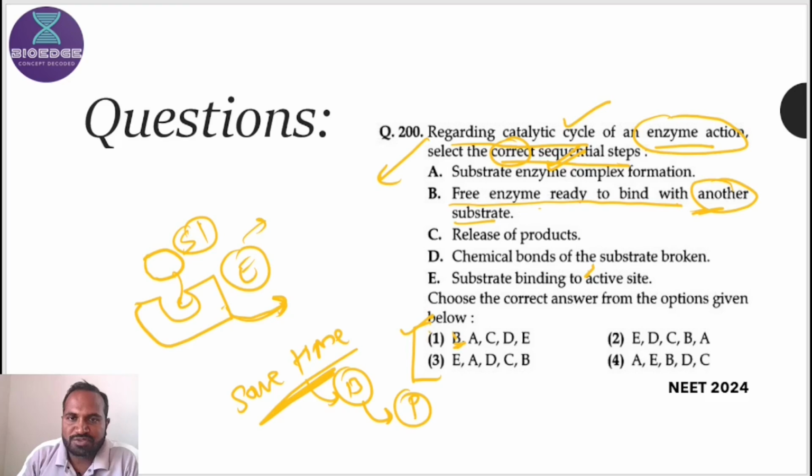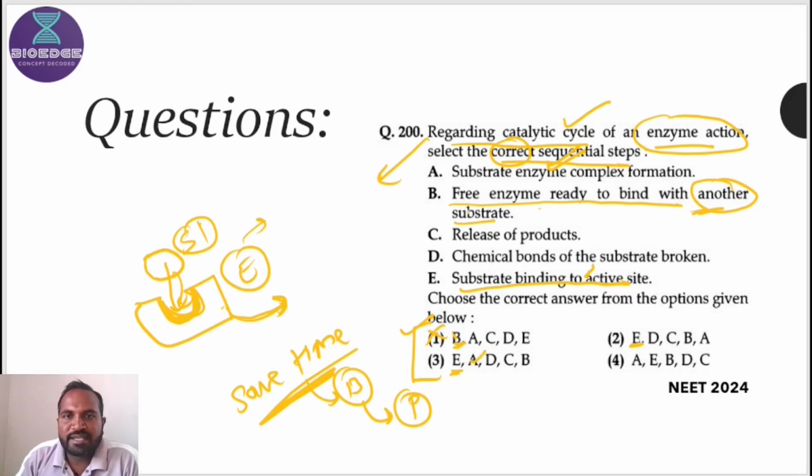So the first option is wrong. Then E, which is given in two options: substrate binds to the active site, correct. This is the enzyme, and this is the active site of the enzyme. So correct, the substrate binds to the enzyme's active site.